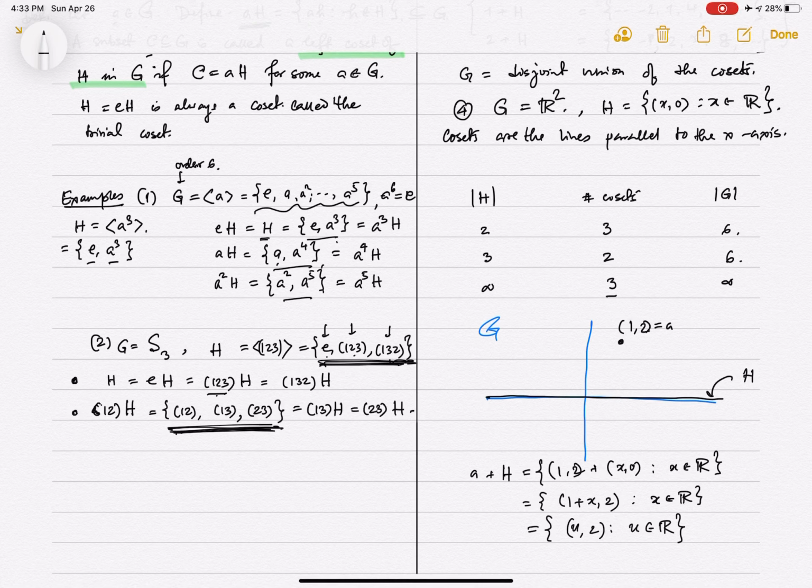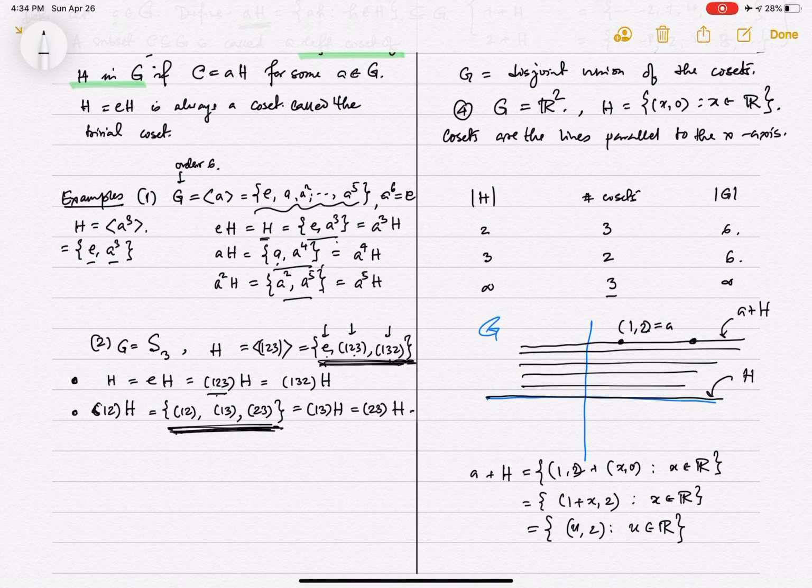And that gives you this line. So this is A plus H, where you let the x coordinate be anything and the y coordinate is always 2. So similarly, if you take another point on this line, (3, 2), the coset of that is again going to be the same subset. So the cosets are exactly these parallel lines.